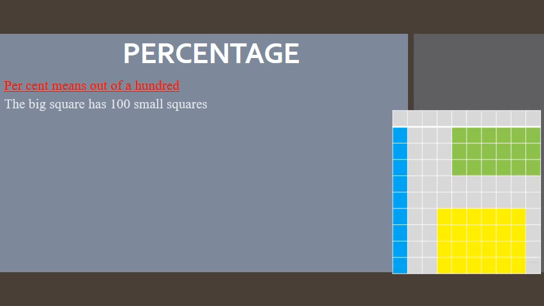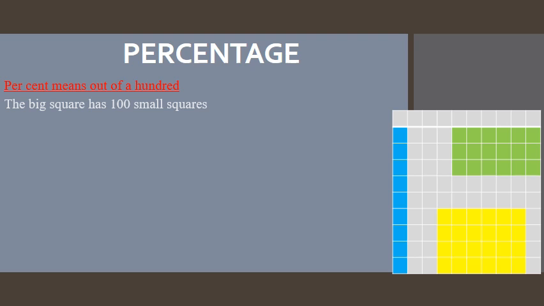So, children, what do we mean by percentage? Well, let us see. Percent means out of 100. In this picture, we have a big square, and this big square has 100 equal size small squares.